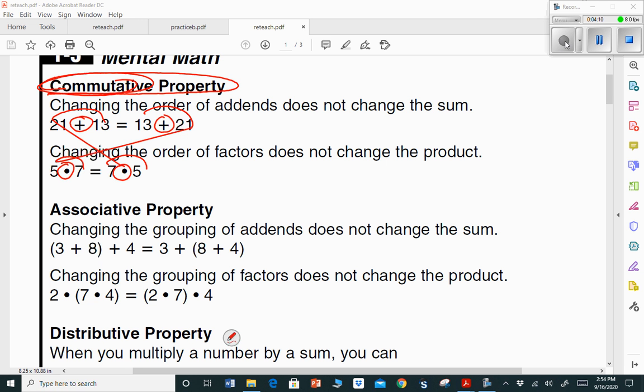With the associative property, again, we've got just addition or just multiplication, and we've got some parentheses moving around. Okay, so that one is the associative property. In the distributive property, you've got all kinds of things going on with parentheses and addition and multiplication. So hopefully that'll help you distinguish which property is being demonstrated.